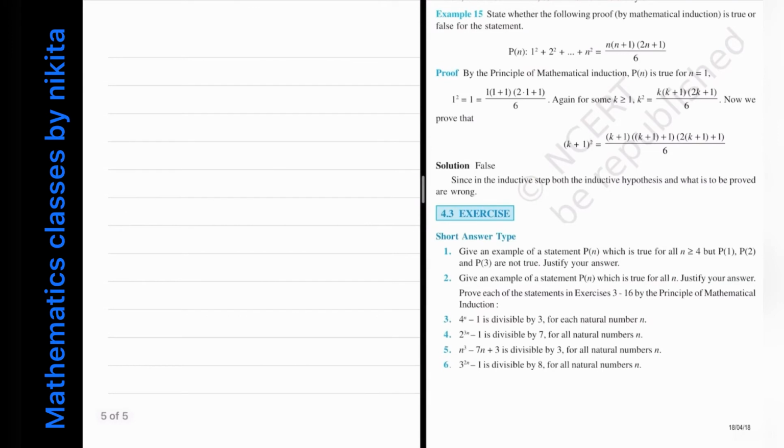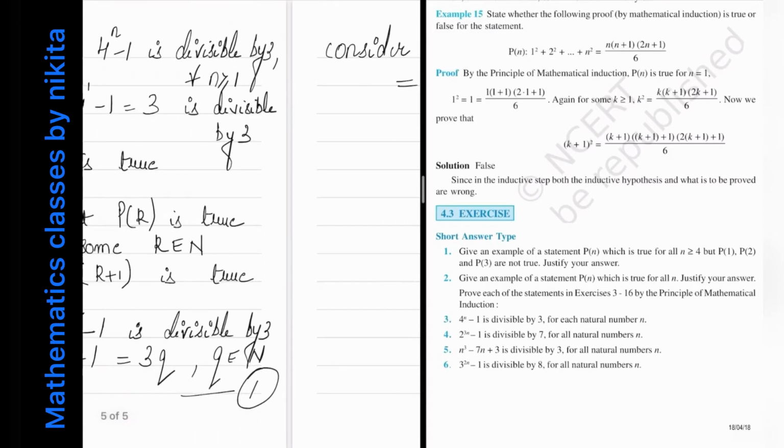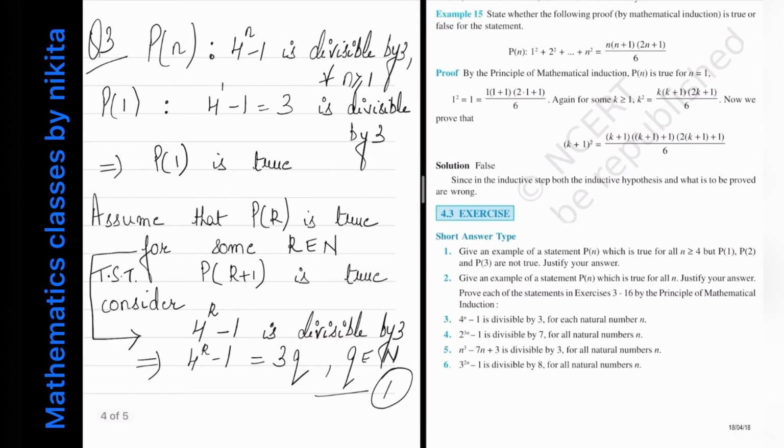So for that we will consider 4 to the power k plus 1 minus 1. We have to prove that this number is also divisible by 3. Now this can be written as 4 to the power k into 4 minus 1. And from 1, what is 4 to the power k? 4 to the power k is 3q plus 1.